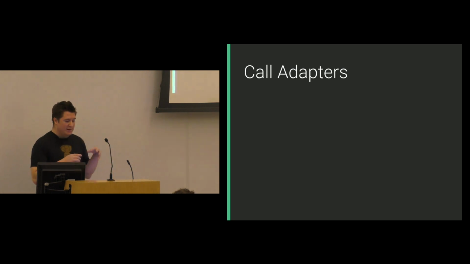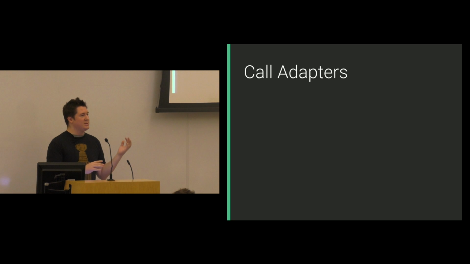Converters, like I said, bytes to Java, Java to bytes. It allows you to handle the serialization formats, whether it's one or many, and all their inconsistencies or oddities, and try and mask them to be something that's sane so that your app or your service is programming against a nice, semantic, clean API interface. Call adapters are the other half of the kind of request execution mechanism.